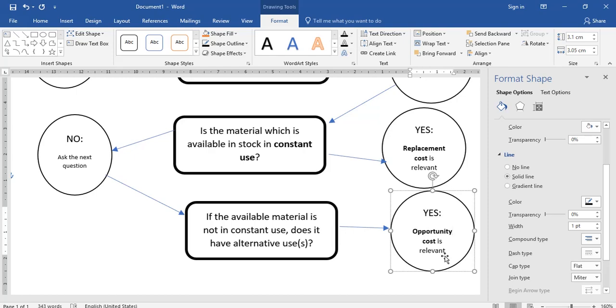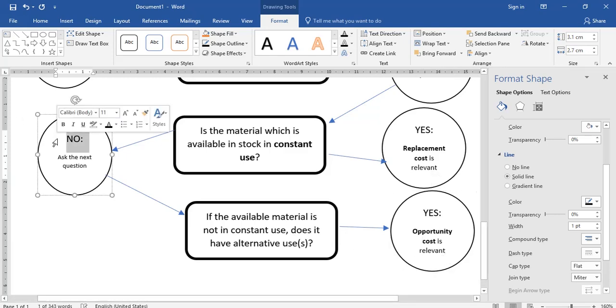Opportunity cost is relevant because if it has alternative use, it means if you use that material for whatever you want to do with it, you will forego the alternate use of the material. If you have to use the material for the alternative, you will forego the main objective. So this is opportunity cost.